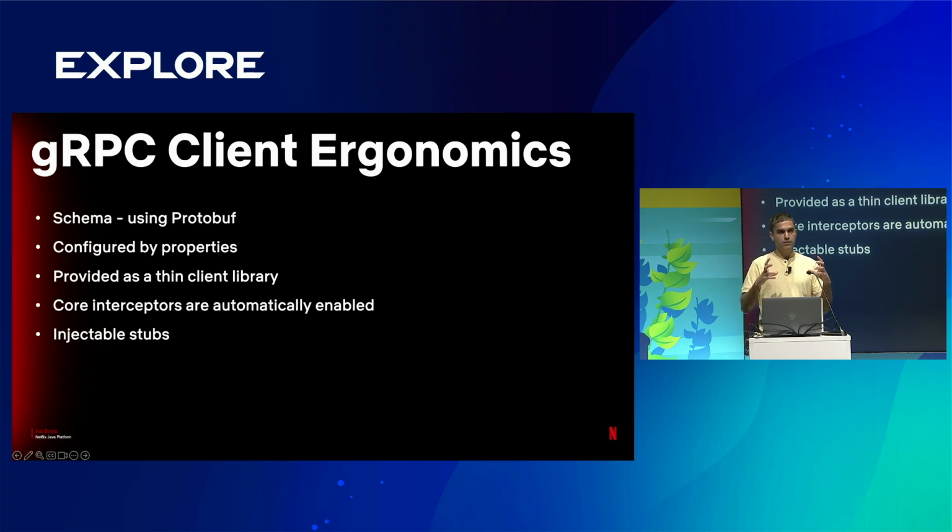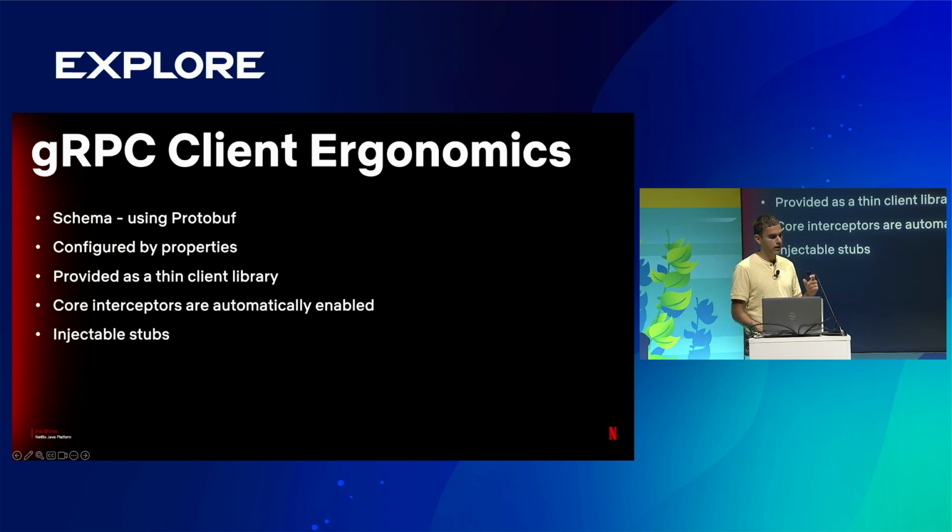So a gRPC server will provide the schema for its service and the properties through a thin client library that is fully generated for the user. The user will then use that client library and inject a stub that we can then use to make a call to a gRPC server.